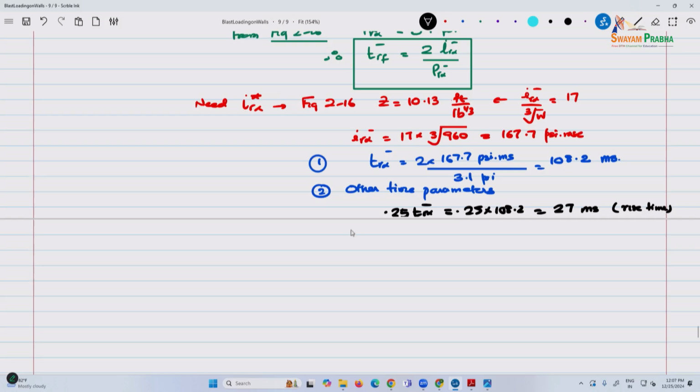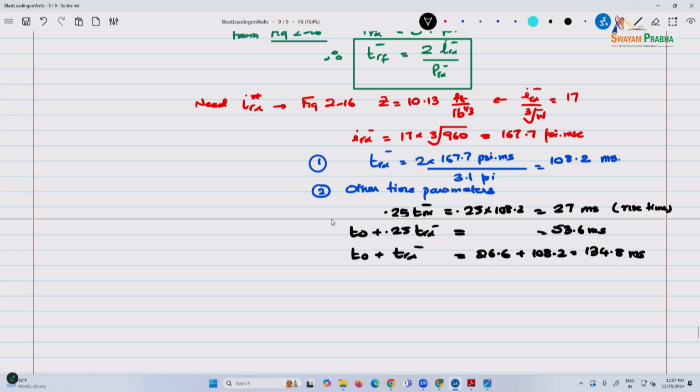And then T naught plus 0.25 comes to 53.6. And T naught plus TR alpha negative is 26.6 plus 108.2. So these are the different time parameters.